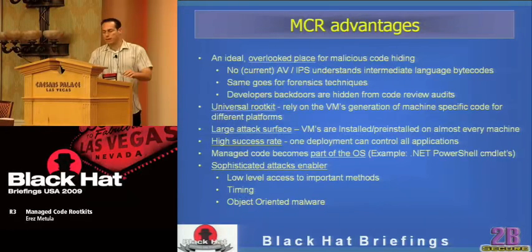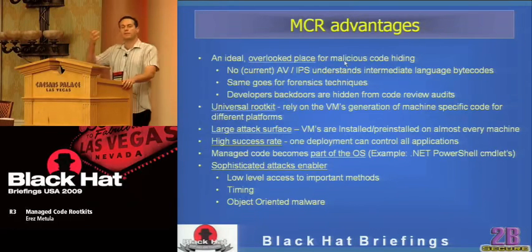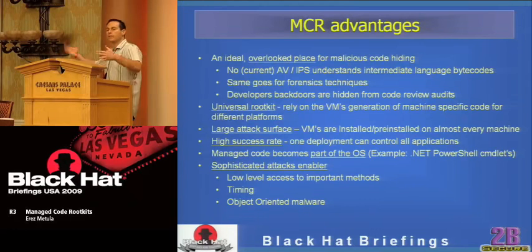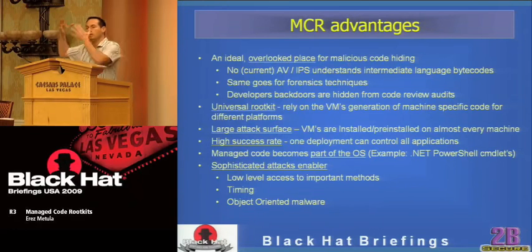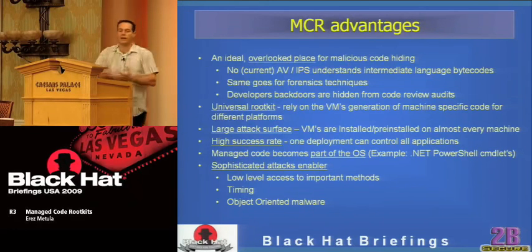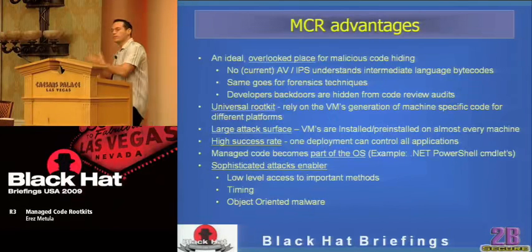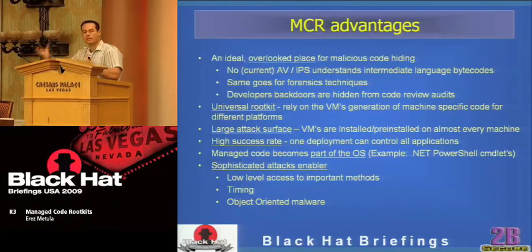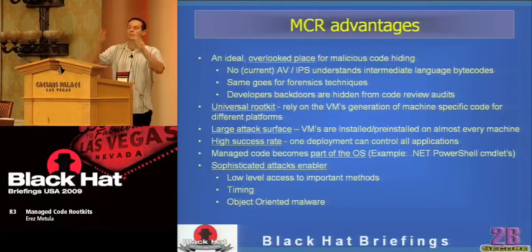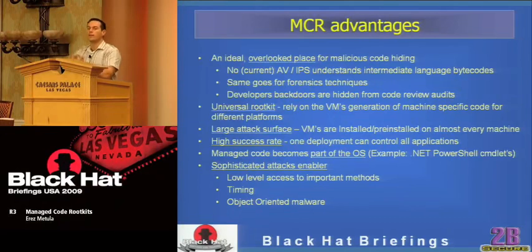Another thing is that MCRs can provide universal rootkits. Because the virtual machine performs the universal translation to machine-specific code, the attackers can write their malware in the high-level virtual machine language, and the machine-specific virtual machine will perform the translation for them. So we don't need to talk about specific addresses or specific memory sizes and stuff like that.